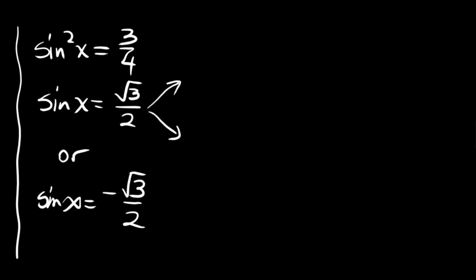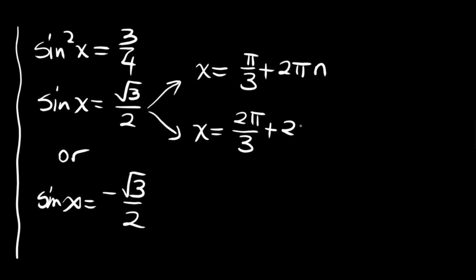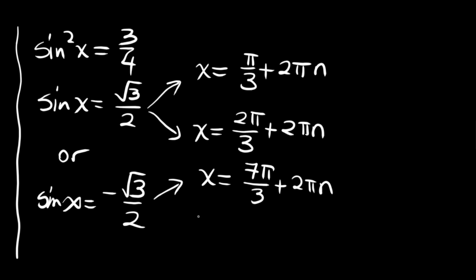If we have positive root 3 divided by 2, then x is equal to pi over 3 plus 2 pi n, or x is equal to 2 pi divided by 3 plus 2 pi n, I guess. 60 degrees and 120 degrees are the solutions. And for negative ones, x is equal to 7 pi divided by 3 plus 2 pi n, or 11 pi divided by 3 plus 2 pi n.